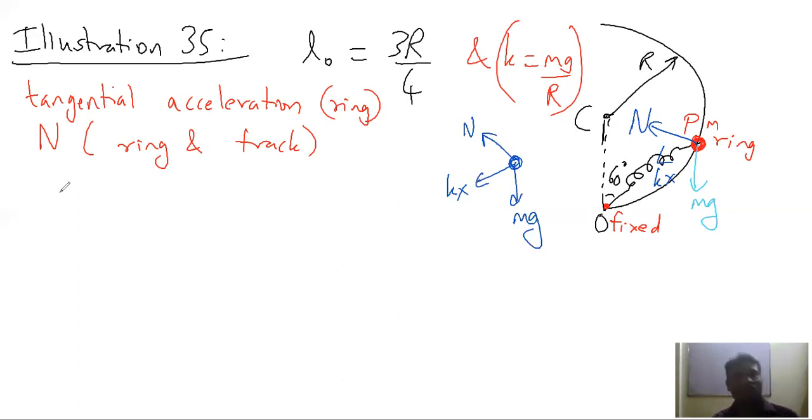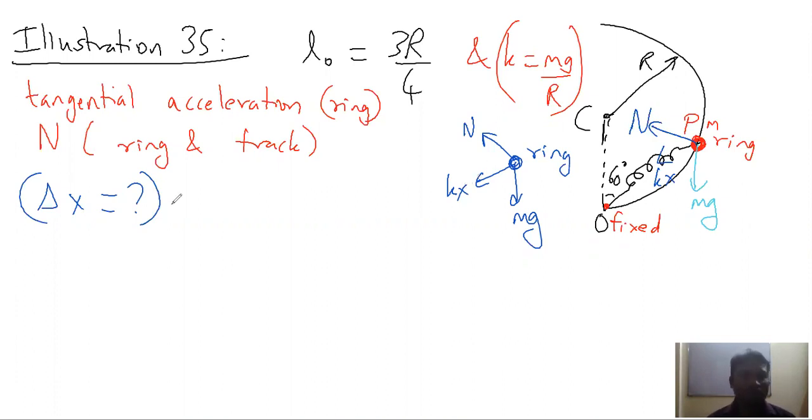What will be the change in length of the spring, delta x? Let us first calculate this value. So this is the free body diagram of the ring: mg downward, normal reaction towards the center, and Kx towards the spring.